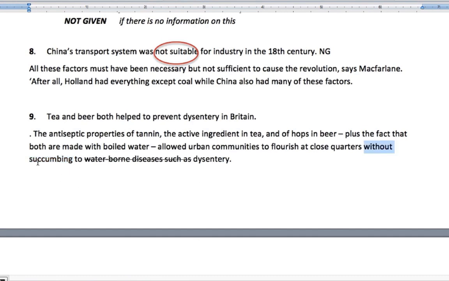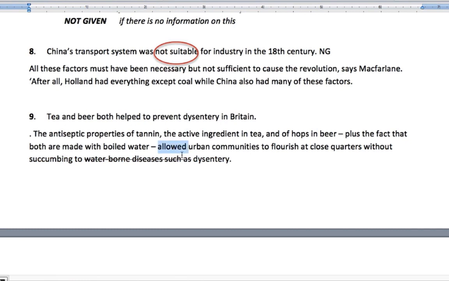So without succumbing, without falling to dysentery, it means they did not get dysentery. Vocabulary, I understand here, is quite difficult. So the tea and beer allowed them to do something positive without falling to dysentery. They did not get dysentery because of the tea and beer.